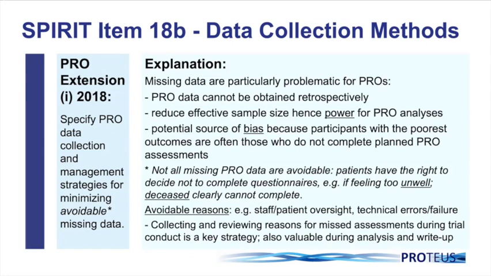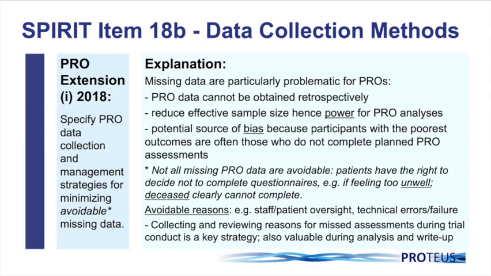Now, this raises my next point, which is that not all missing PRO data are avoidable. Patients, of course, have the right to decide not to complete questionnaires, and this often happens if they're feeling too unwell, or in fact, obviously a deceased patient cannot complete. But there are avoidable reasons. So some examples include staff or patient oversight and technical errors and failure.